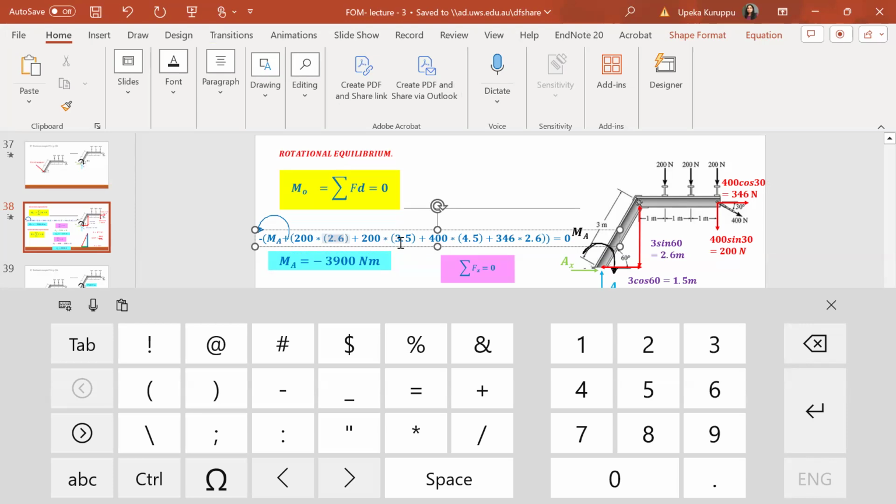So it is 1.5 plus 2.5. Yes, this is 2.5. Yeah, I am wrong. You guys should be right.